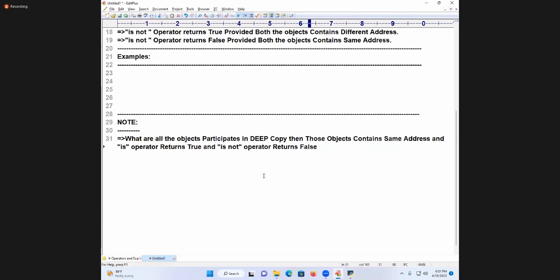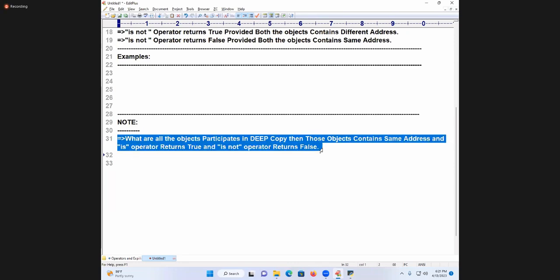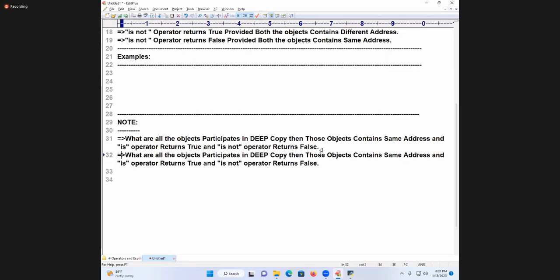Okay, this is one thing. What are all the objects that participate in deep copy? Then those objects contain which address? The same address, and the is operator returns true, the is not operator returns false. This is one thing. In other words, I will write it. What are all the objects that participate in shallow copy?